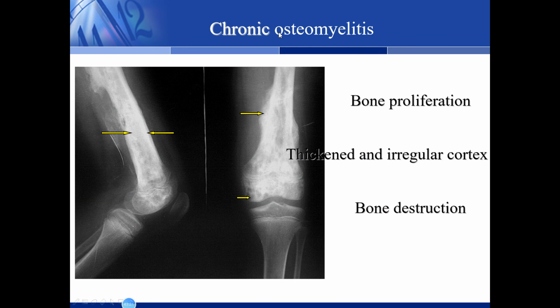Here is chronic osteomyelitis, and we can see this is the cortex, and outside the cortex we can find the bone proliferation, just like a lace line.